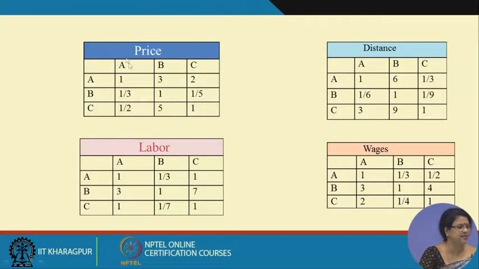Now, if I draw this with respect to 4 criteria: one criterion was property price, the others were quality of labor, distance from supplier and cost of labor.